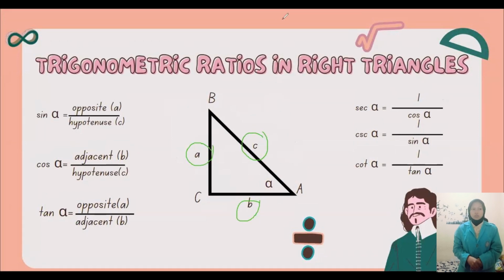To find out sin alpha, the formula is opposite over hypotenuse, or A over C. And then to find out cos alpha, we have formula adjacent over hypotenuse, or B over C. And then tan alpha, the formula is opposite over adjacent, or A over B.